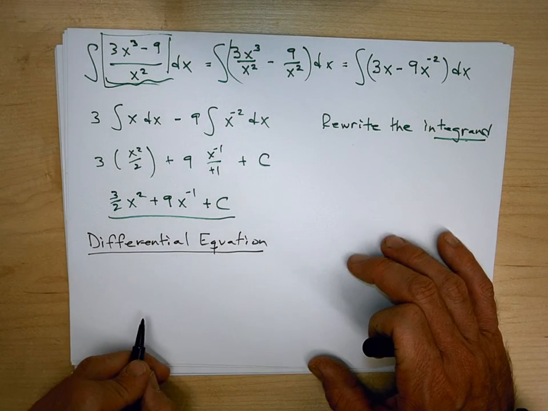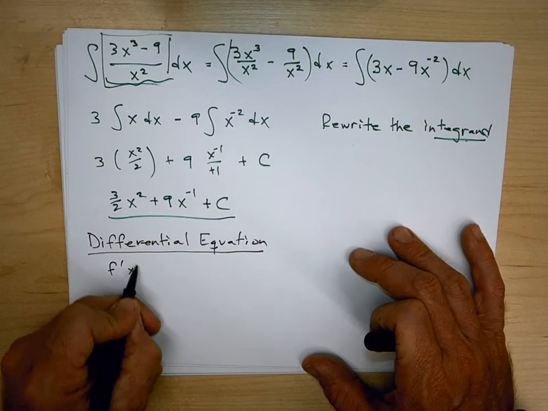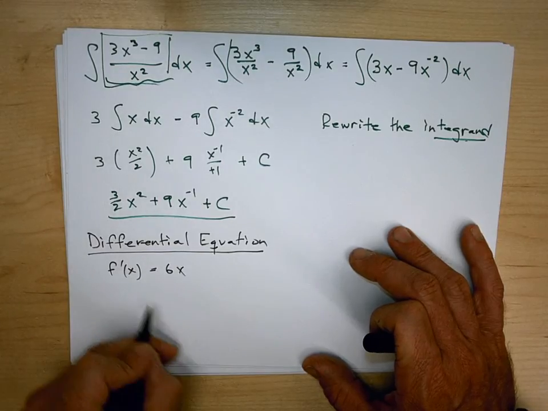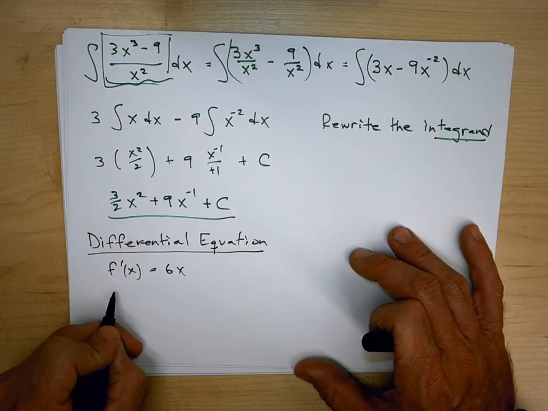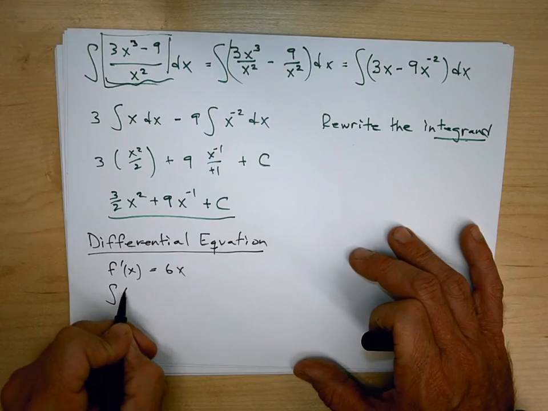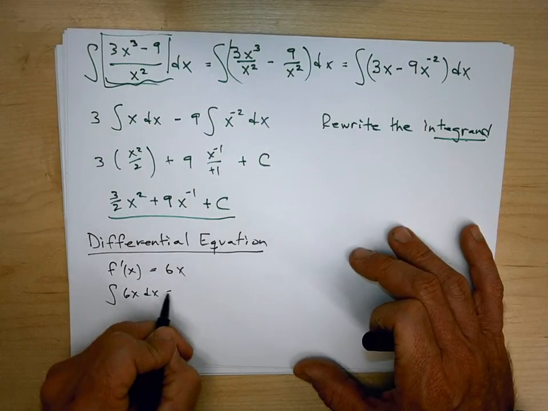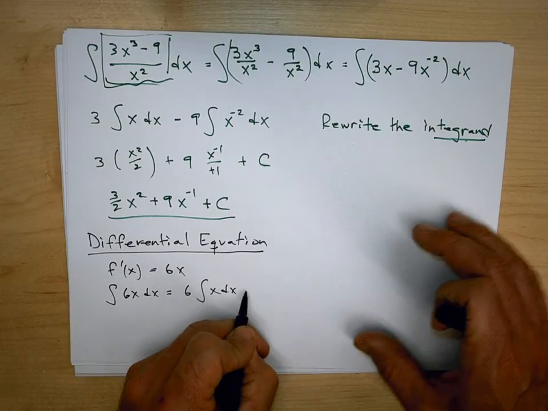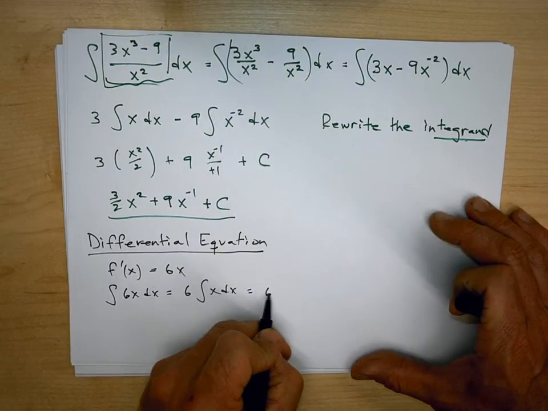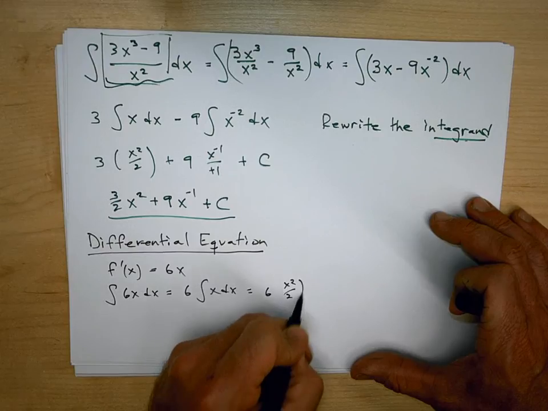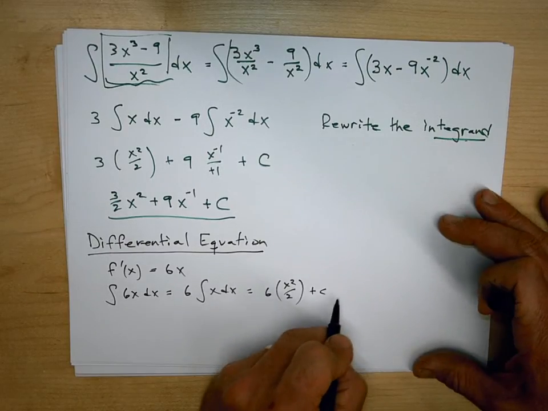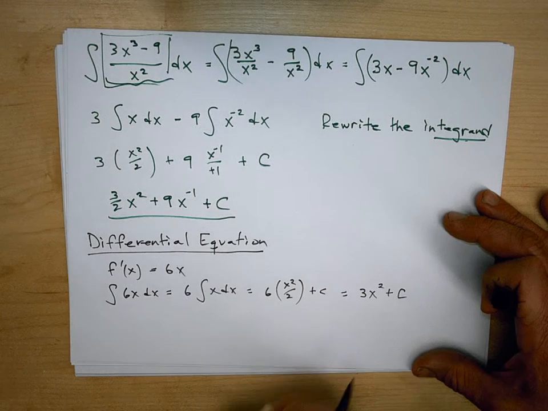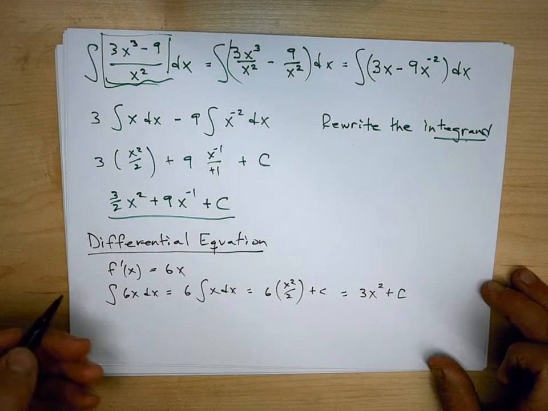So for example, if the derivative of f equals 6x, and I want to find f, then I take the antiderivative of 6x, all right? That's going to be 6 times the integral of x dx, which is going to just give me 6 times x squared over 2 plus c, which simplifies to 3x squared plus c. Okay, so we've just solved a differential equation.